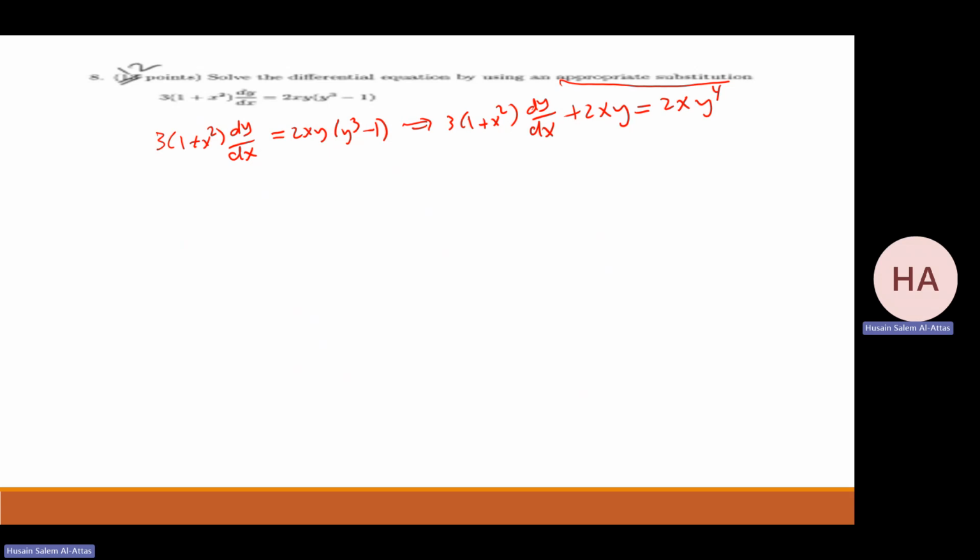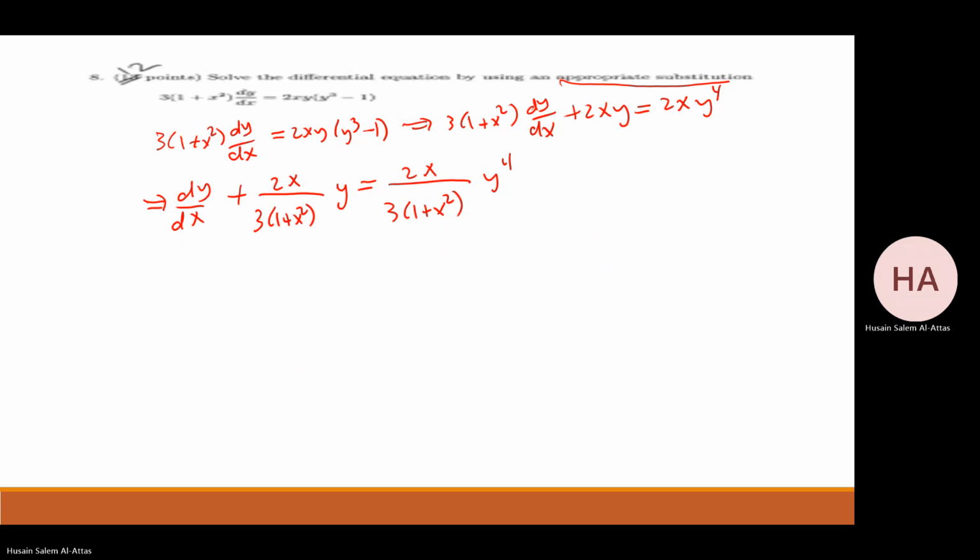Yeah, it's one only. Let me rewrite it. I have dy over dx plus 2x over 3(1 plus x squared) y equal to x over 3(1 plus x squared) y to the power 4. Okay, that's very clear, this is Bernoulli.